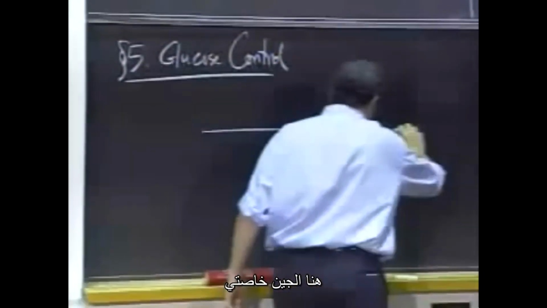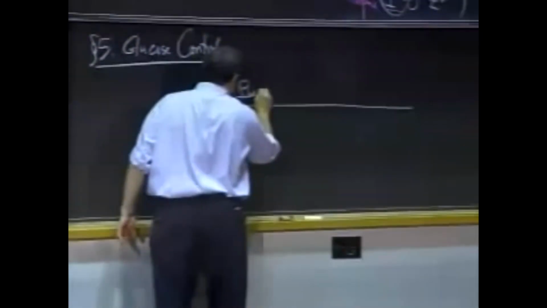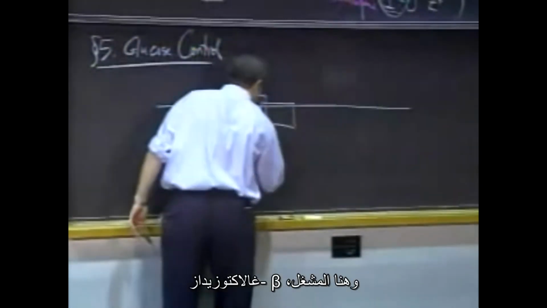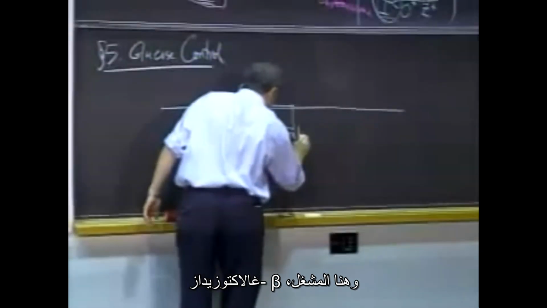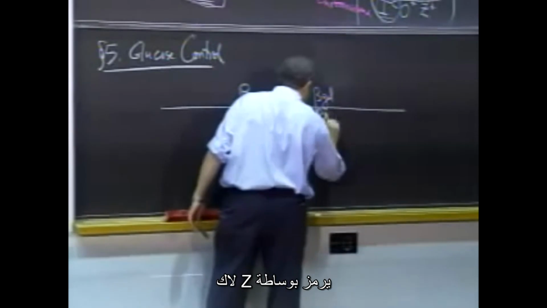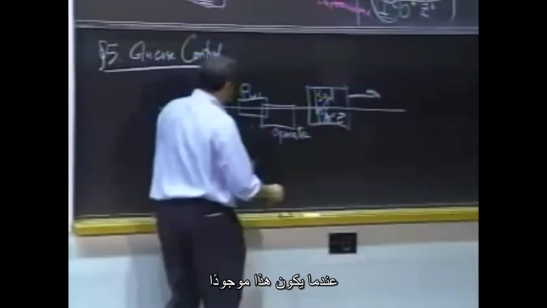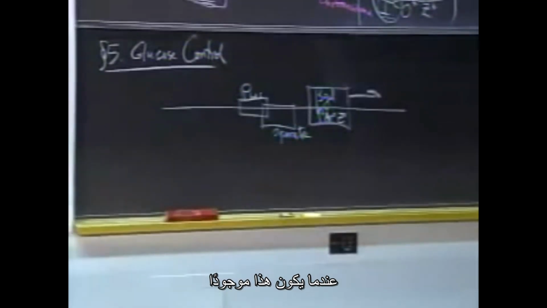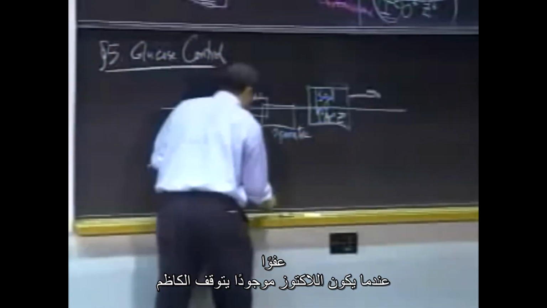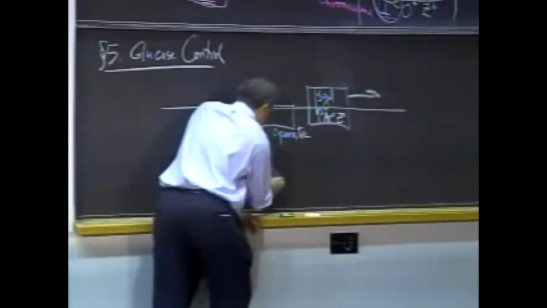So here's my gene. Here's my promoter, P-Lac. Here's my operator, beta-gal. It's encoded by Lac Z. We've got all that. When lactose is present, the repressor comes off.